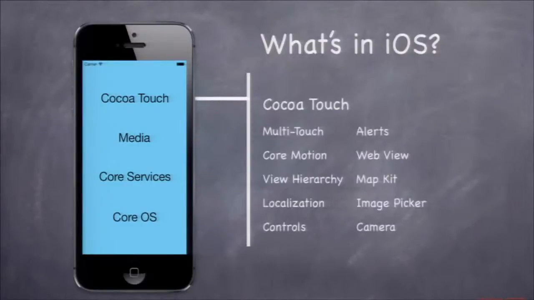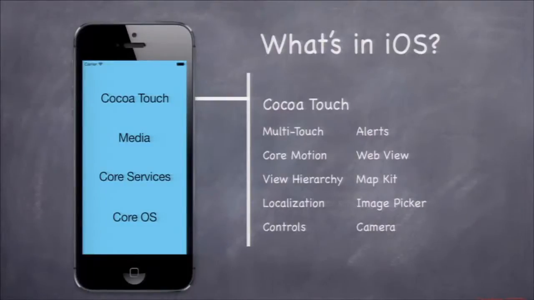And then Cocoa Touch is where we're going to spend most of our time. This is where you are going to be building buttons and sliders and text fields talking to each other, and animation happening, things sliding in and out and fading out and fading in. If you want to get a picture from the camera from the user, you can do that. Things like localization so that your app can run in many countries in the world and up your sales by doing that.